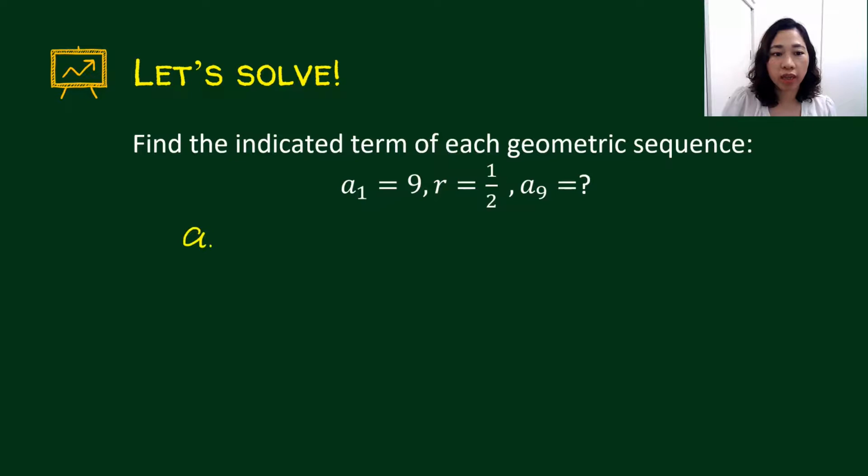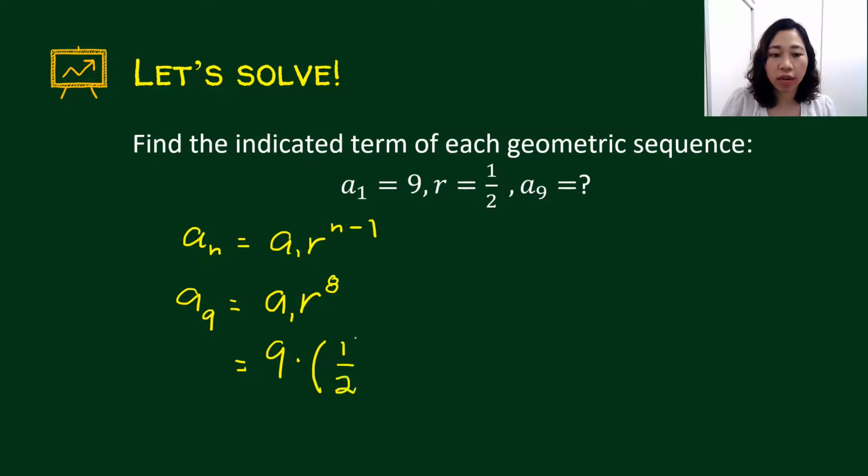Again, let us write a sub n equals a1 r raised to n minus 1. But since we are looking for a sub 9, n is 9, so that's a1 r raised to 8, okay? And then a1 is 9 times my r is 1/2 raised to 8.